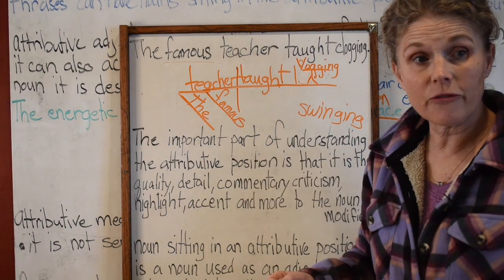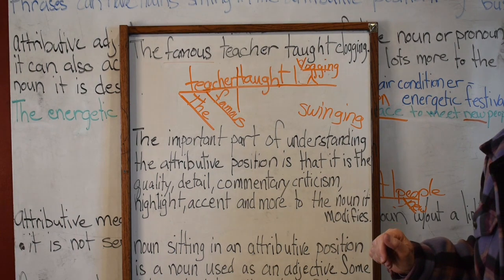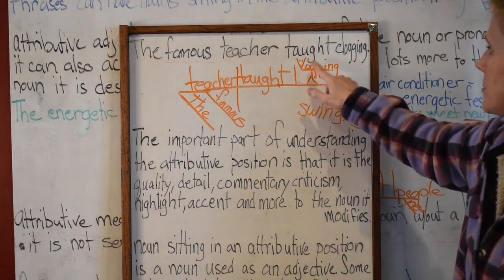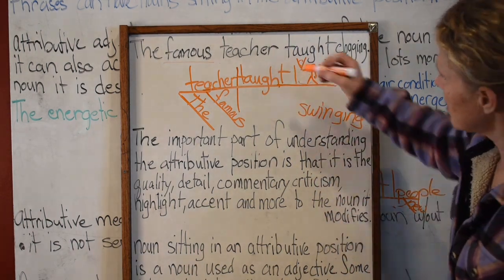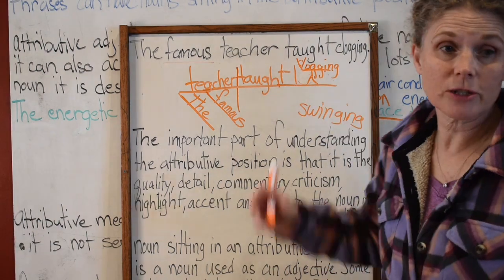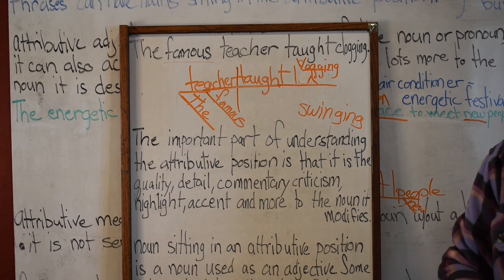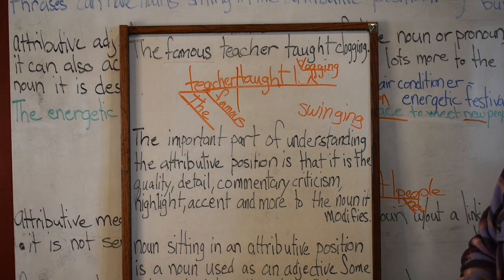If we wanted to change this up, we could say the teacher is famous, but then it would actually be sitting in this position with a slanted line, and it would be a predicate adjective. So for the example you just did, would it be like the teacher was famous for teaching clogging?